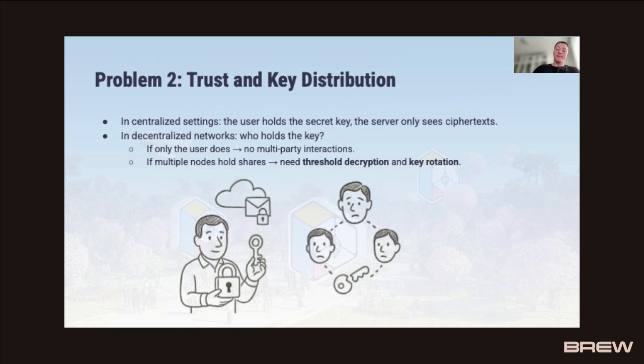So you need a group of entities which hold key shares, and then this group, or a subgroup of this group, collaborates together to provide the decryption. But as you can imagine, this brings performance issues and also trust issues.